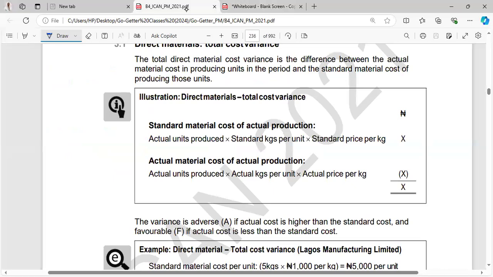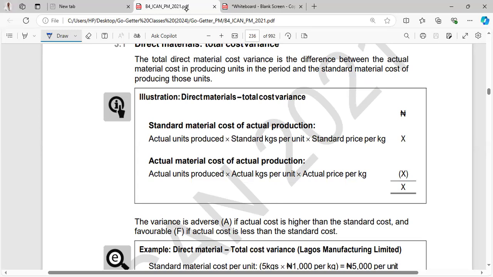Because this is actual units produced, this is the standard quantity per unit. If you multiply this by the actual units produced, this is the standard quantity for actual production times the standard price. Now this is the actual quantity of actual production times the actual price. So you see the standard is written first, the actual is written last.